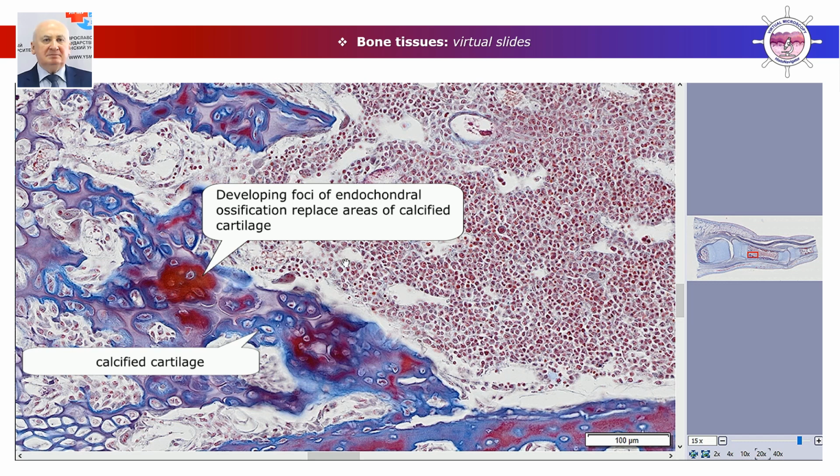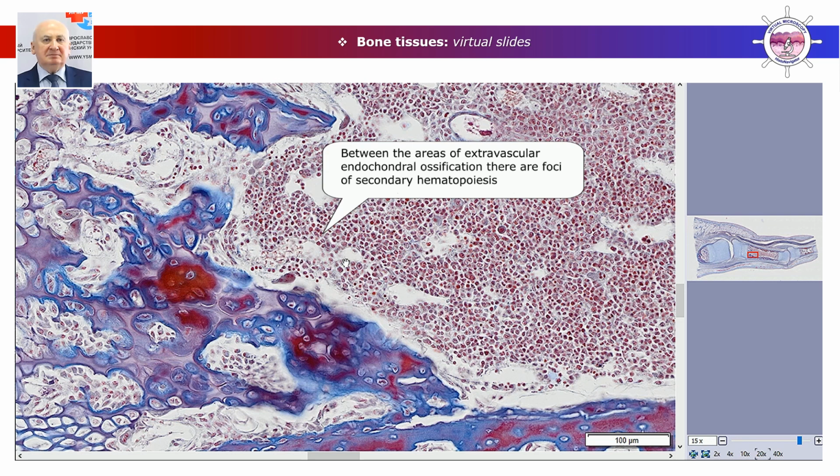Developing foci of endochondral ossification replace areas of calcified cartilage. Between the areas of extravascular endochondral ossification, there are foci of secondary hematopoiesis, red bone marrow formation.